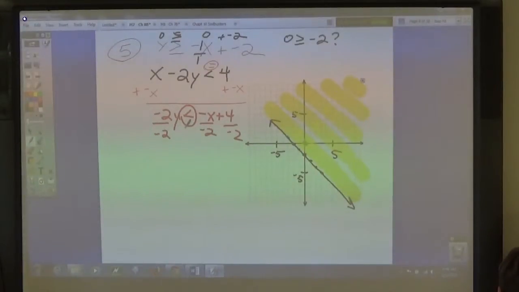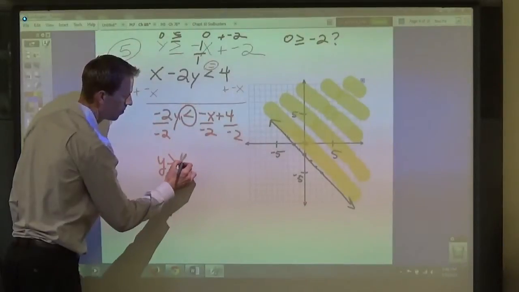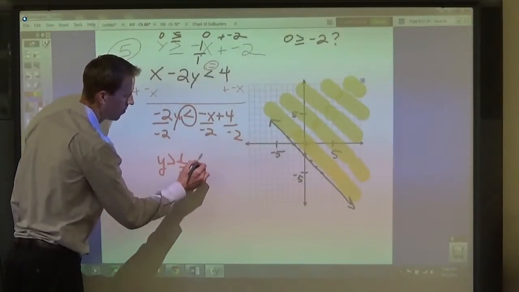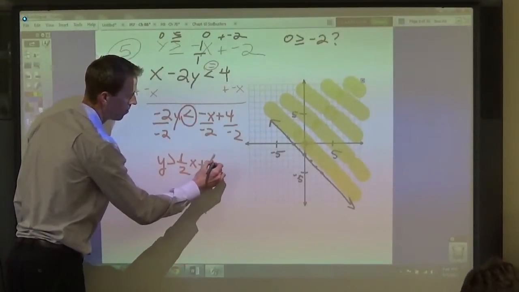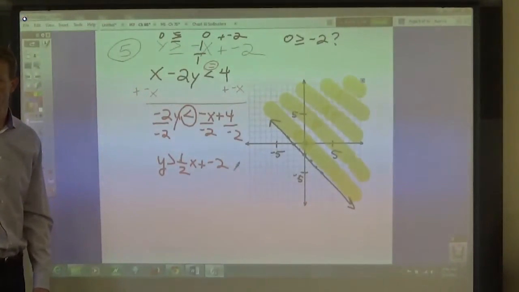You have that copied? Now we should be able to graph that. How do you simplify this? Right?